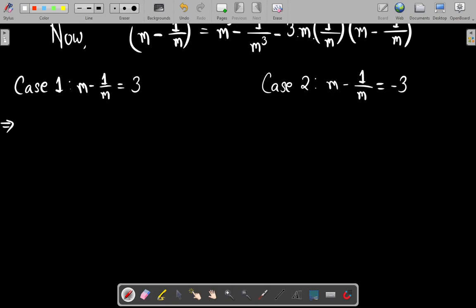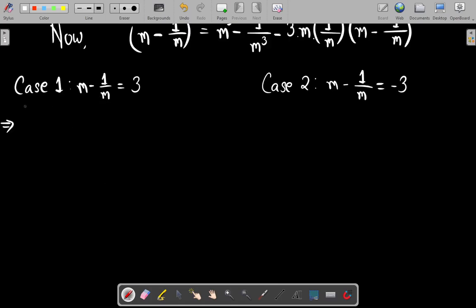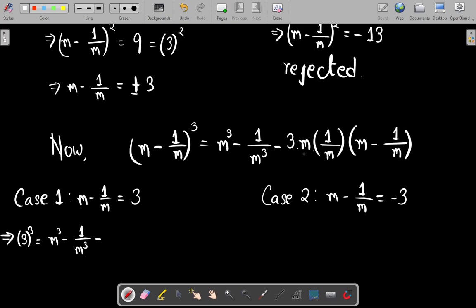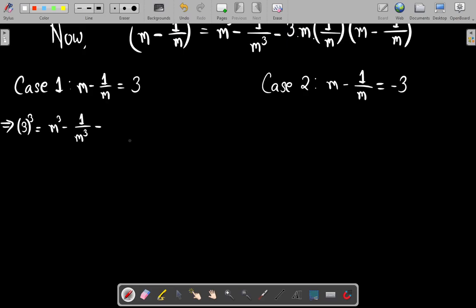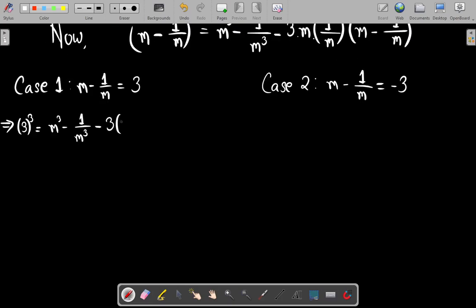If I plug these values into this equation, the left hand side will be 3 cube, equal to m cube minus 1 upon m cube minus the product 3ab. M times 1 upon m will cancel out, so this will become 3 times m minus 1 upon m, which is 3 again.